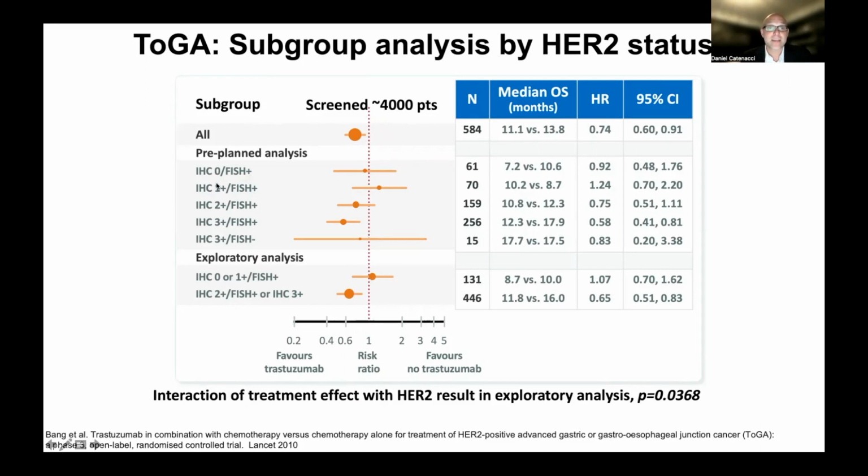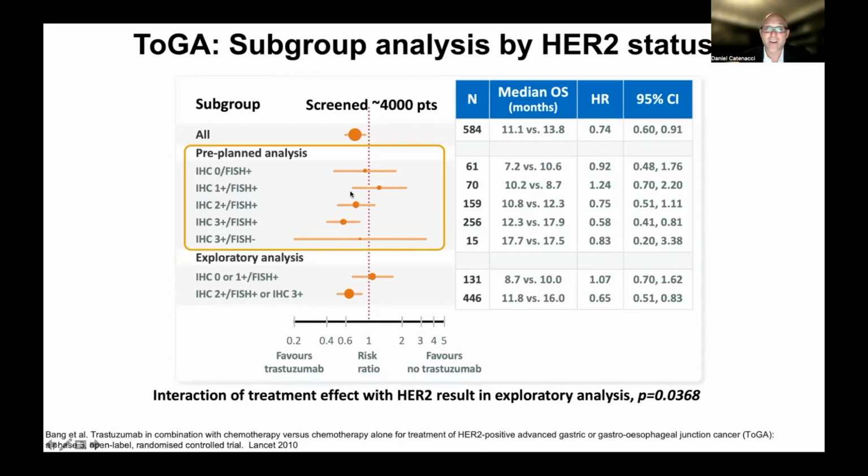However, when you look at the subgroups based on the biomarker, so immunohistochemistry score of 0, 1, 2, 3, all FISH positive, or IHC 3+ and FISH negative. You can see that this latter group, there's not many patients that fit into that group. So typically, if you're IHC 3+, you're going to also have FISH positivity, which is why the recommendation is if you're 3+, then let's move on. You don't need to do FISH testing.